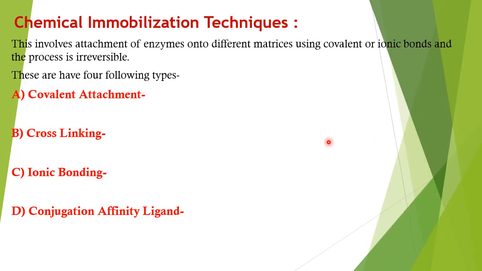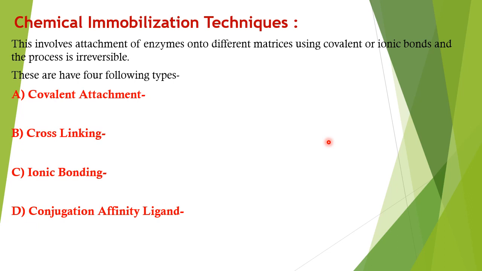Here we will see what the chemical techniques of immobilization of enzymes are. This involves attachment of the enzyme onto different matrices using covalent or ionic bonds. The process is irreversible.